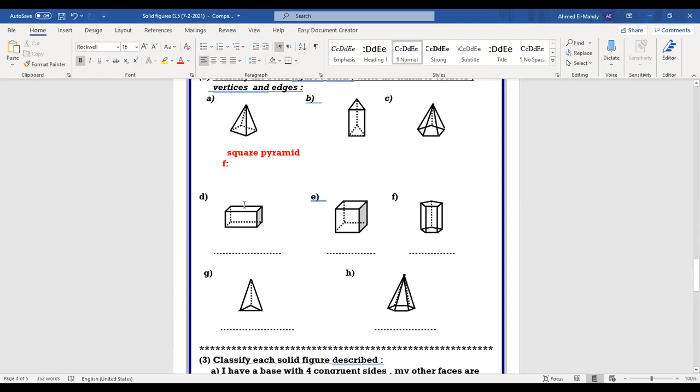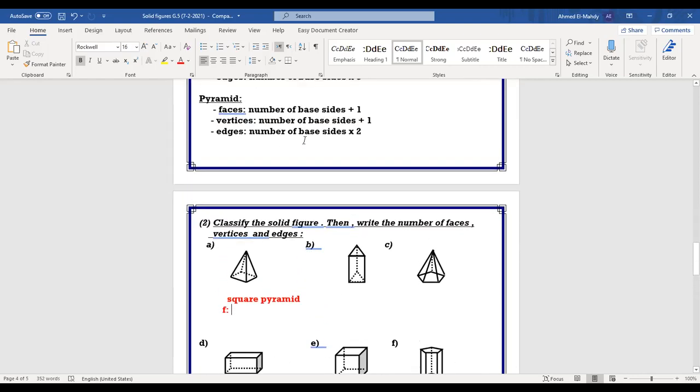To find the number of faces in the pyramid, we add 1. 4 plus 1 equals 5. And to find the number of vertices, also add 1. 4 plus 1 equals 5. And to find the number of edges, multiply by 2. 4 multiplied by 2 equals 8.